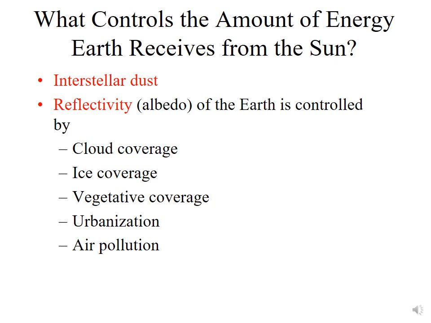The reflectivity or the albedo of the Earth also controls how much energy enters into the Earth system. And the reflectivity of our planet is primarily controlled by the cloud coverage and to a lesser extent by the ice coverage on the planet, by the types and amount of vegetation, the amount of urbanization that occurs, and by air pollution.